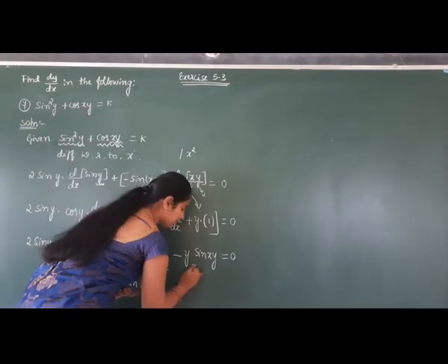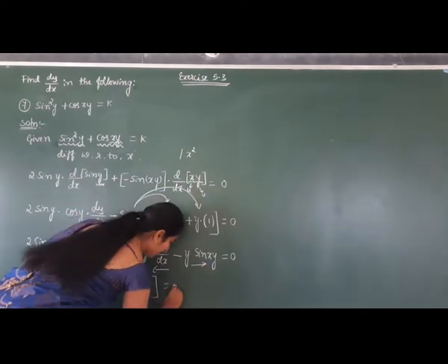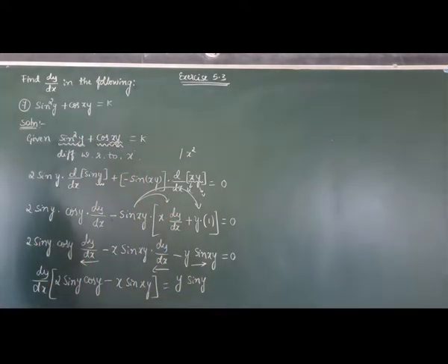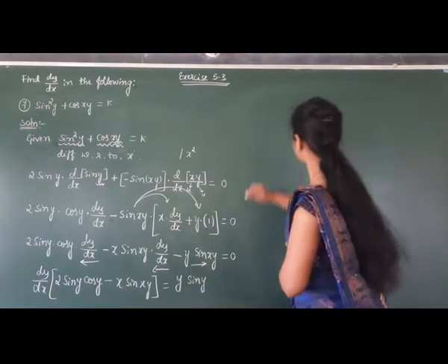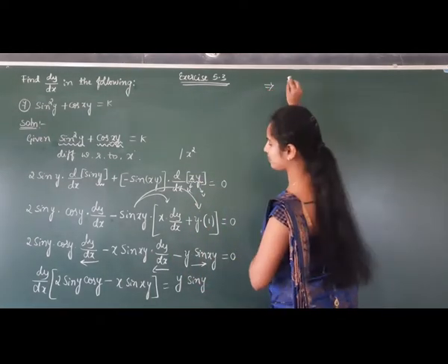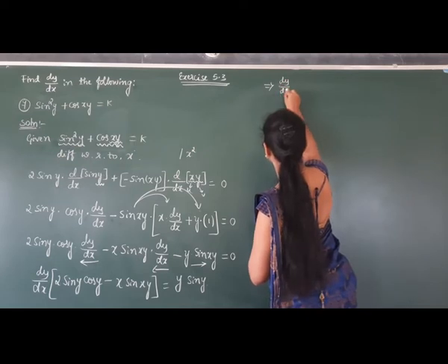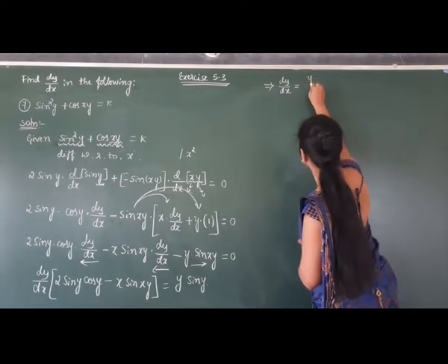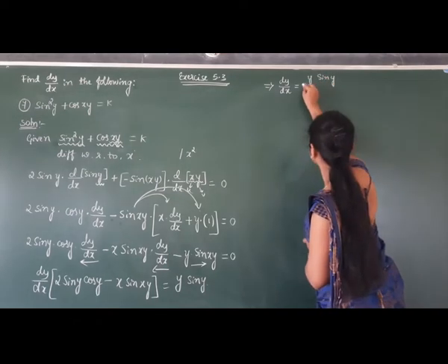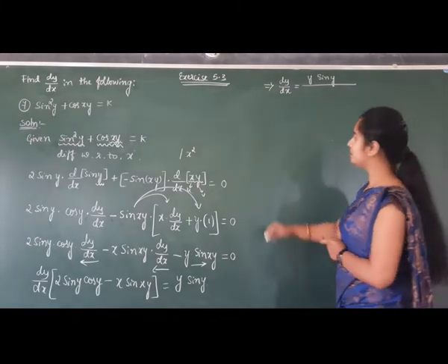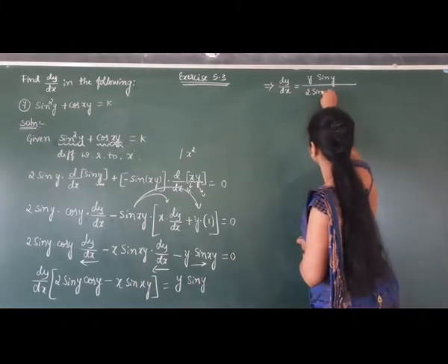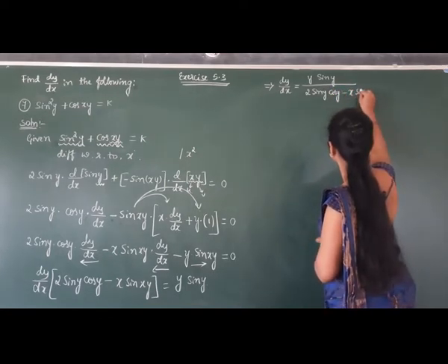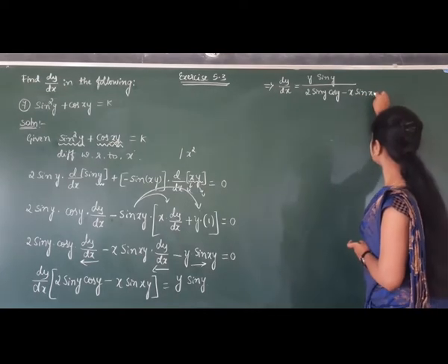So now I have transferred this to the RHS. Then we have y into sin xy. So this implies dy by dx is equal to y into sin xy divided by 2 sin y cos y minus x sin xy.